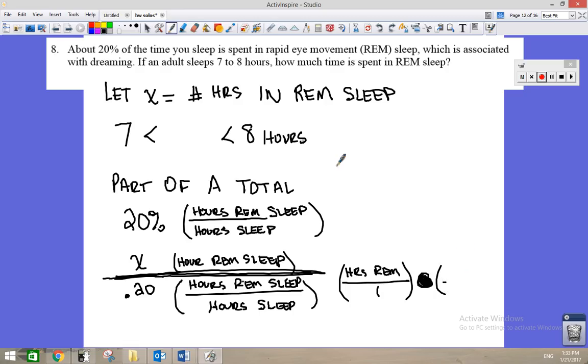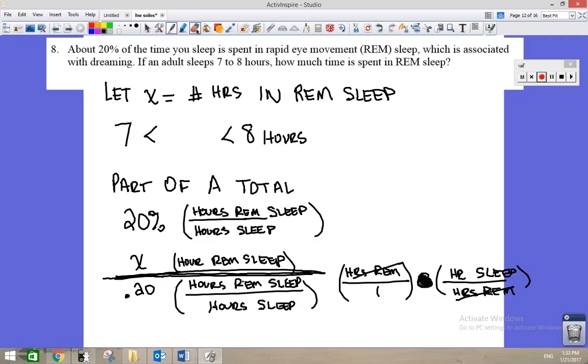Why am I illustrating this? Because now my numerator is the number of hours that we've slept, and my denominator is the number of hours that we're in REM sleep. But since that's in a denominator, those units cancel with that.